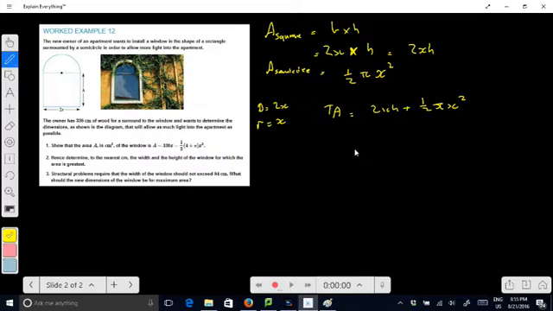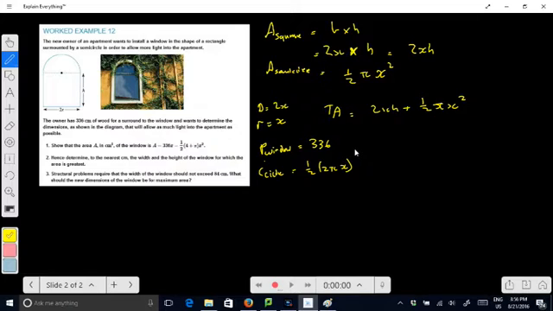Now, we're not finished here, so that's the total area of the window. The perimeter of the window is 336. The circumference of the semicircle is a half times 2 pi x.